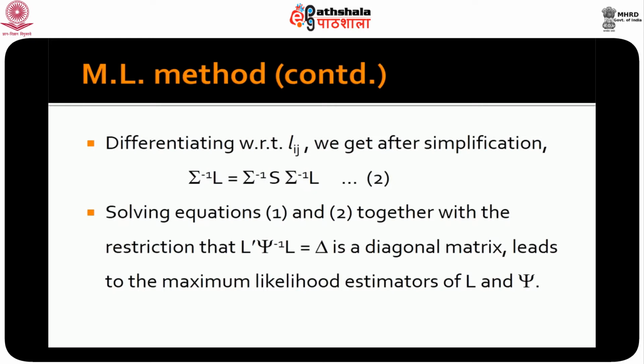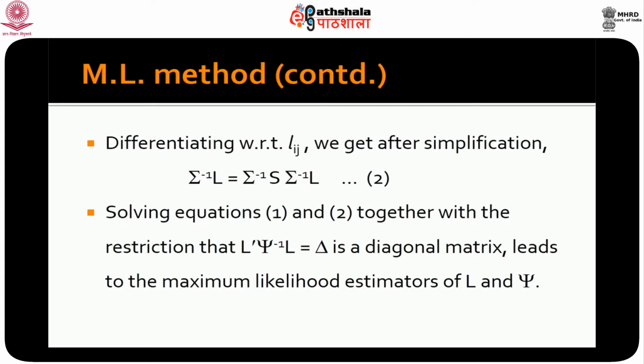And if you put the condition that L prime psi inverse L is a diagonal matrix, together we have a set of 3 equations, and these 3 equations will help us to solve for the unknown parameters L and psi. This is how the maximum likelihood works, and the details we can always work out.